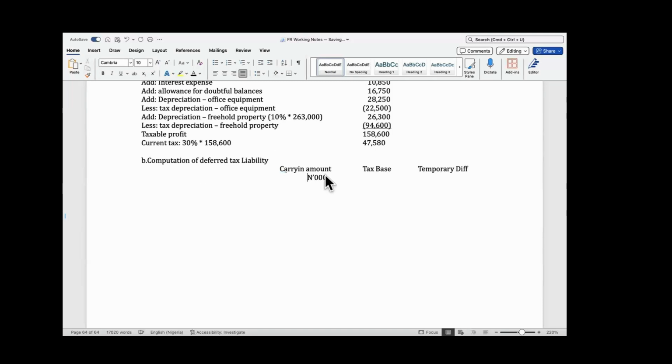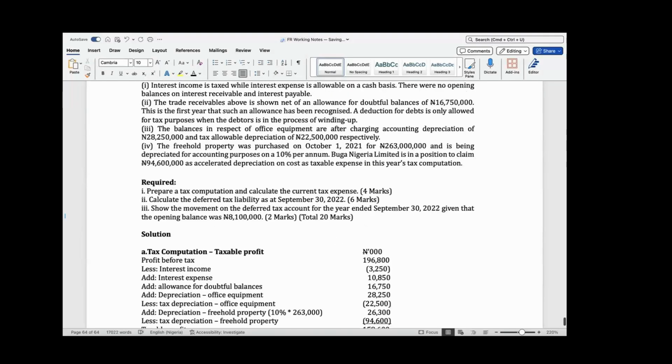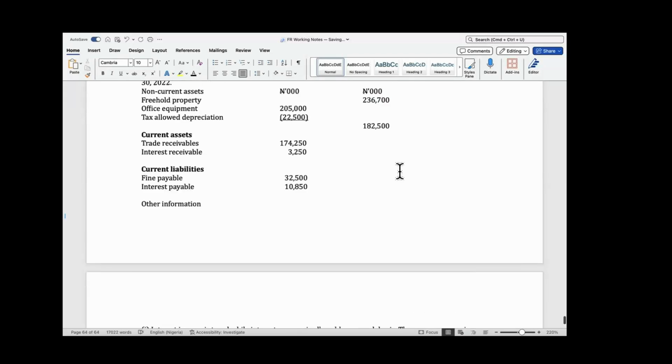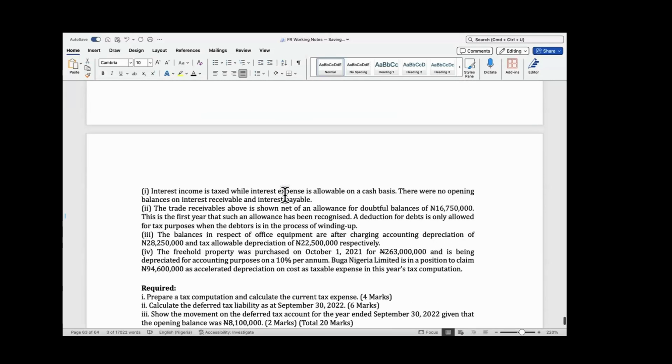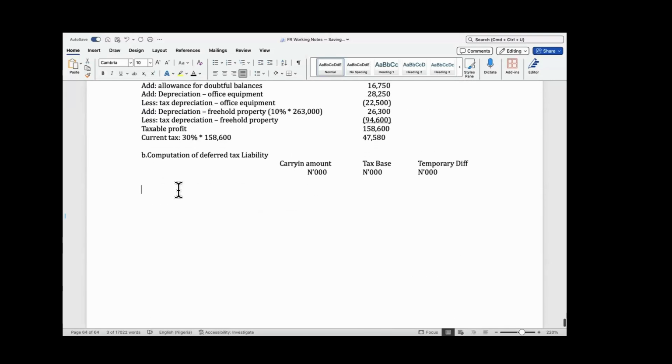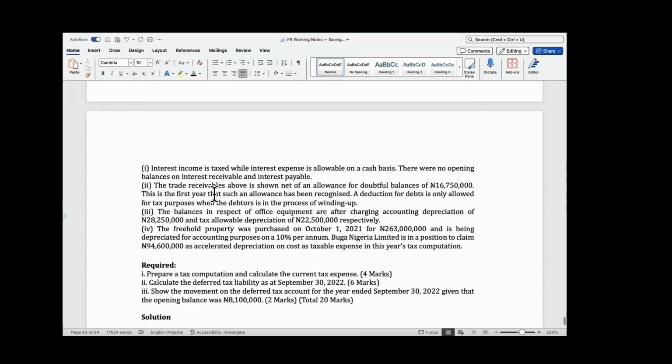I have my thousands. So as far as we are concerned, the first item here is freehold property. What's the carrying amount of this freehold property?